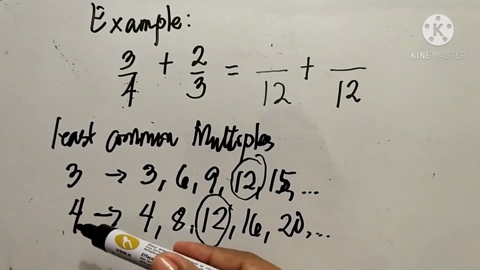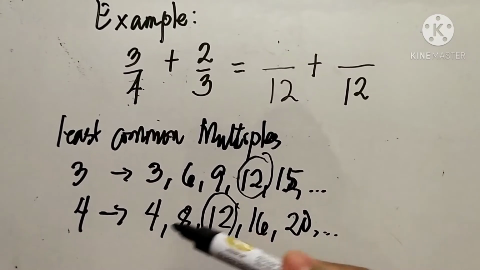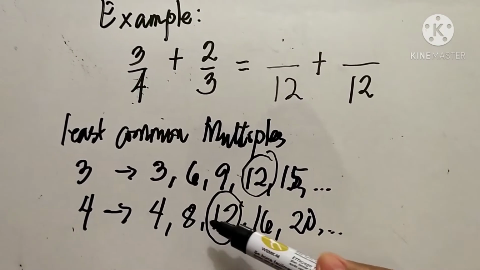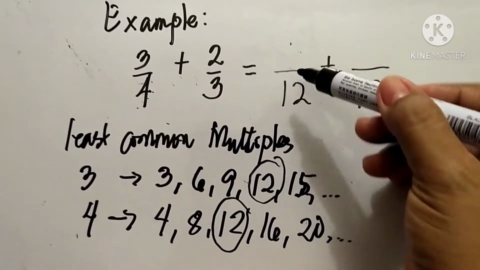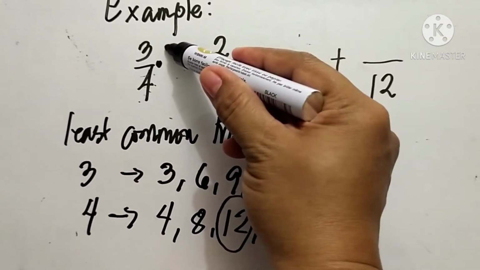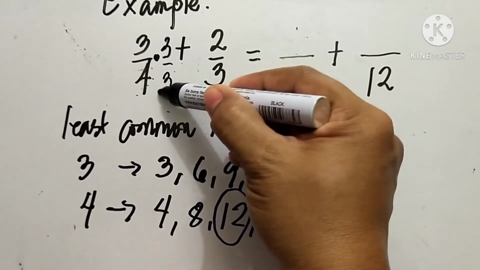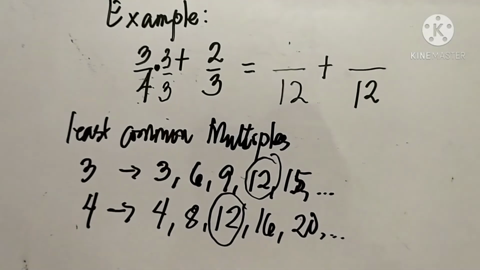So in 4, we will look for 4. So to reach 12, how many? We have 1, 2, 3. So we have to multiply both numerator and denominator by 3.